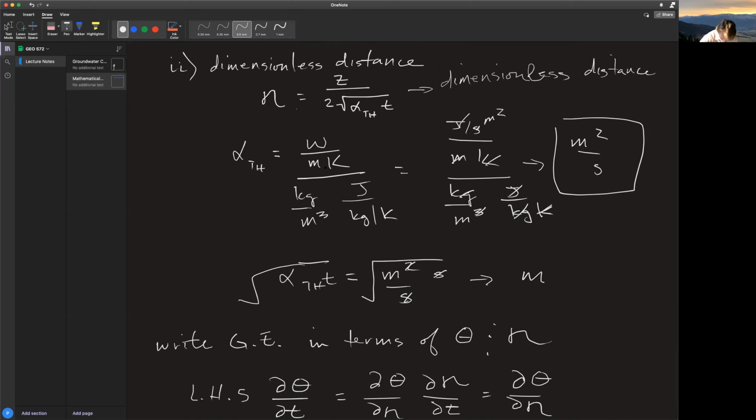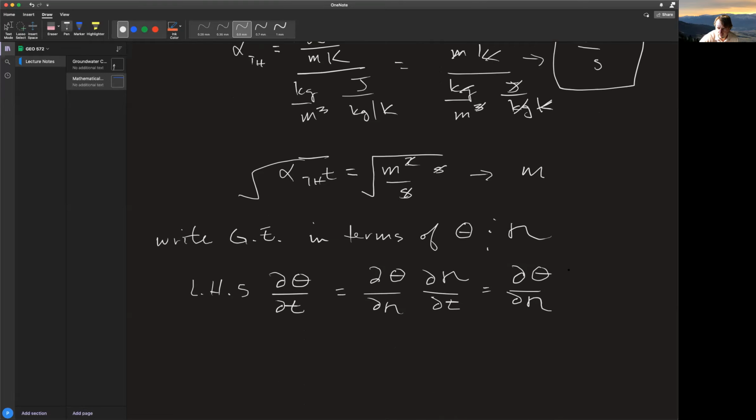If you do that, you end up with negative z over 4 alpha over the square root of alpha t cubed.